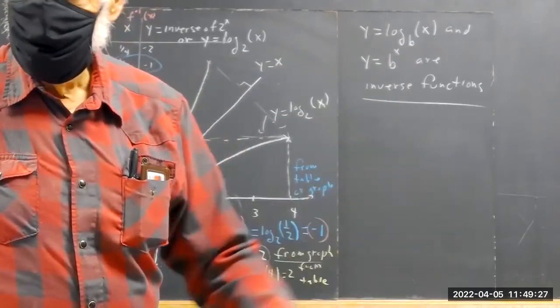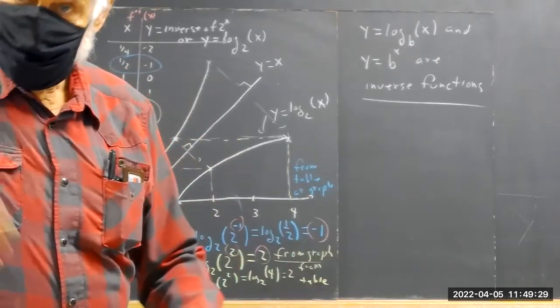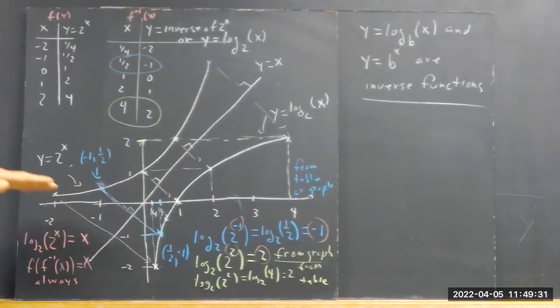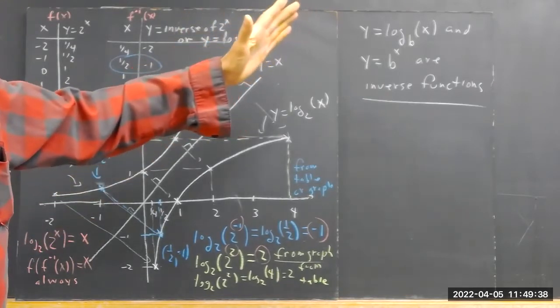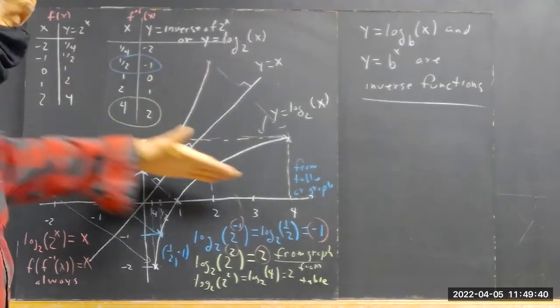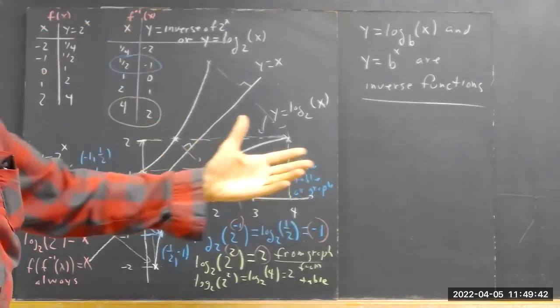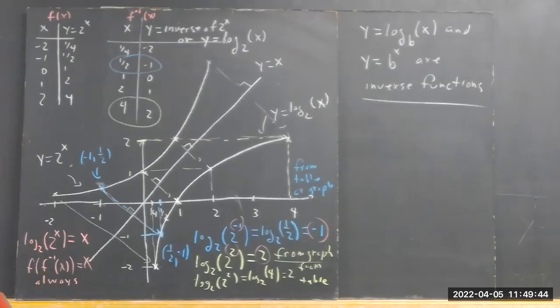Okay, you've had an introduction to that. You understand that if b is greater than 1, you have a graph that looks much like this. If b happens to be less than 1, your graph is going to be like this. Well, we did that for homework. You should be familiar with it.